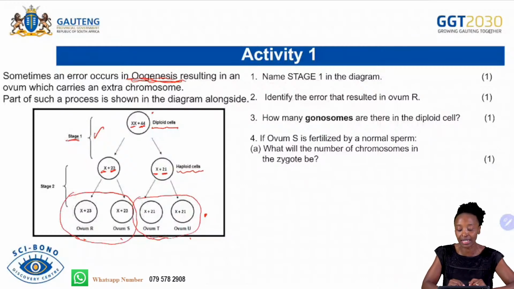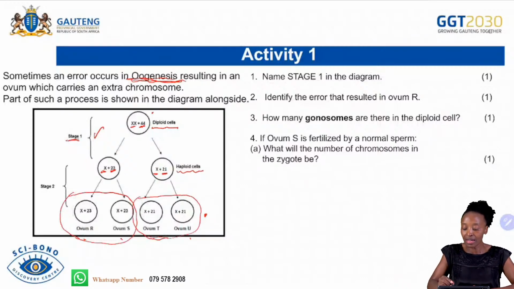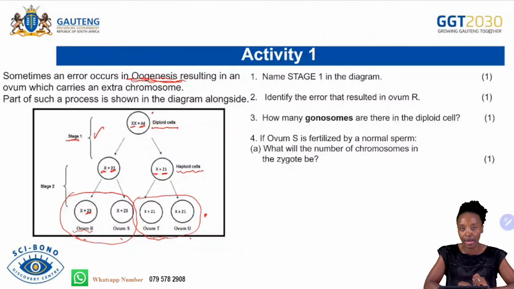Now the next question says, identify the error that has resulted in ovum R. So we're looking at ovum R, and we did say ovum R has 23 plus 1, so it means there's 24 chromosomes there instead of 23, because we can now see that this is from a human cell, because we are talking about 23 chromosomes. So the error that has occurred in ovum R is what we call non-disjunction, the failure to separate.